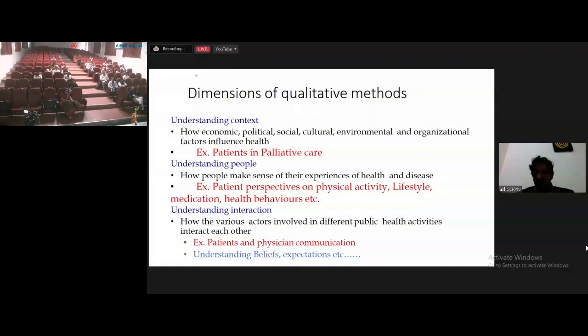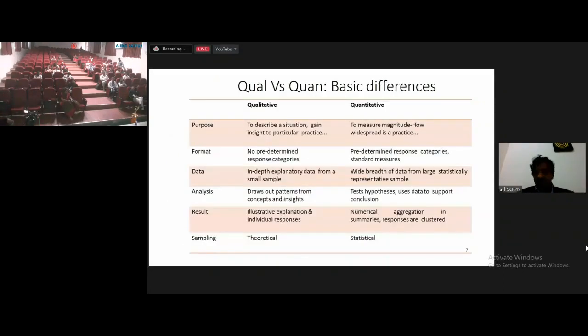So qualitative research is about finding what areas, what things can really be addressed to improve the quality of life of these patients. It does not necessarily have to be some sort of number or hypothesis all the time. Okay? So qualitative and quantitative basic differences you already know. In qualitative, you describe a situation, gain insight into a particular practice, with no predetermined response categories, in-depth explanatory data from a small sample, and it draws out patterns from these concepts and insights.